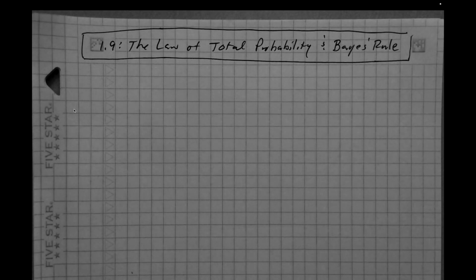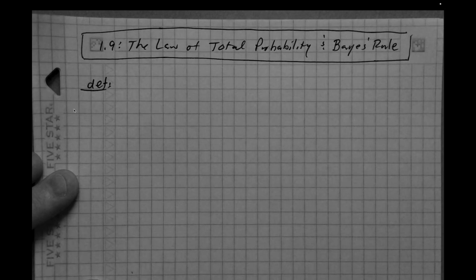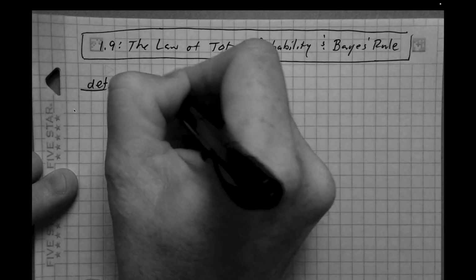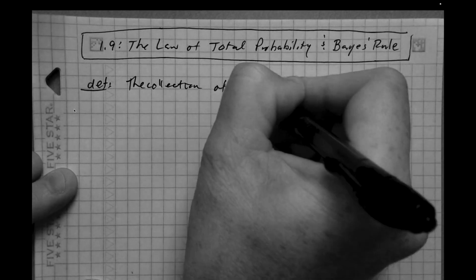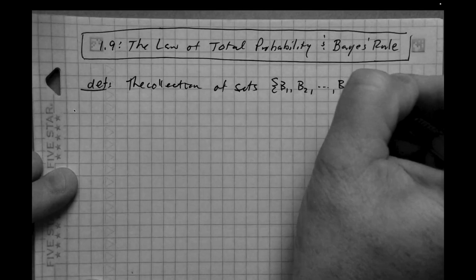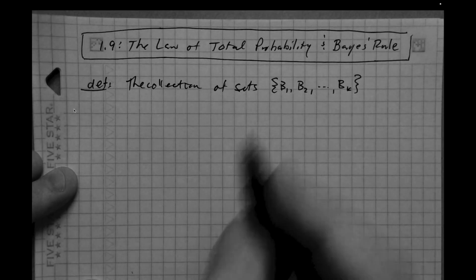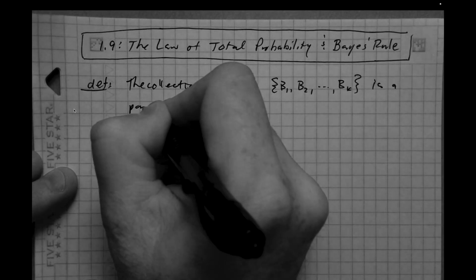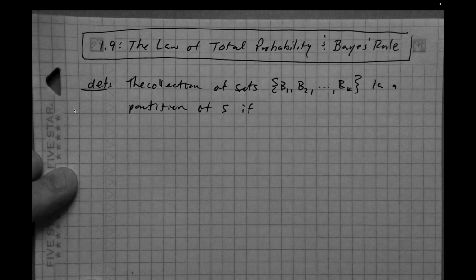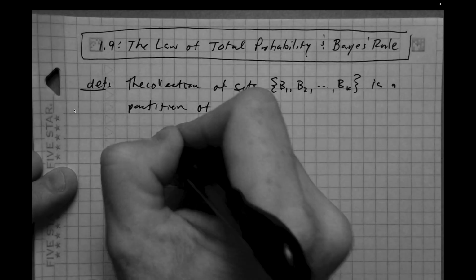So let's start by defining what we mean by a partition. That's a very important component here. We say that the collection of sets B1, B2, and so on up to BK, K being some positive integer, is a partition of S, S being the universe or the sample space in the context of probability, if two things are true.